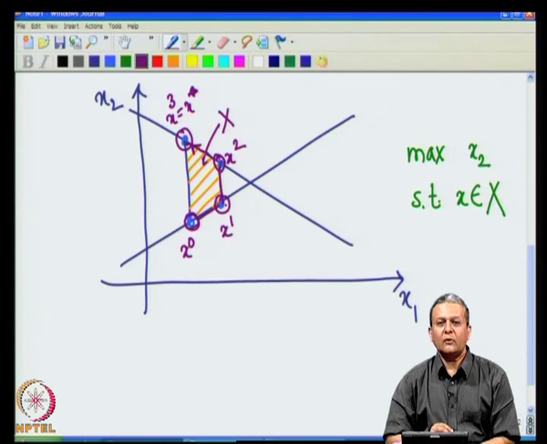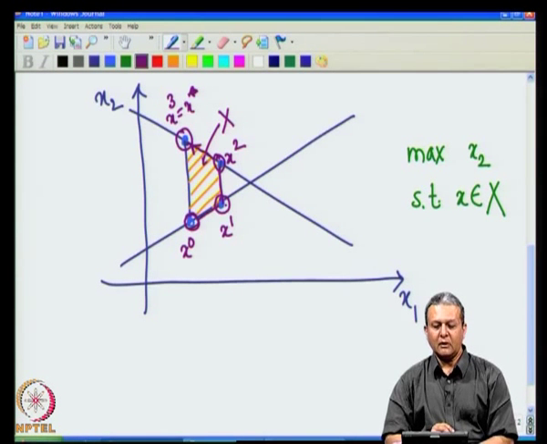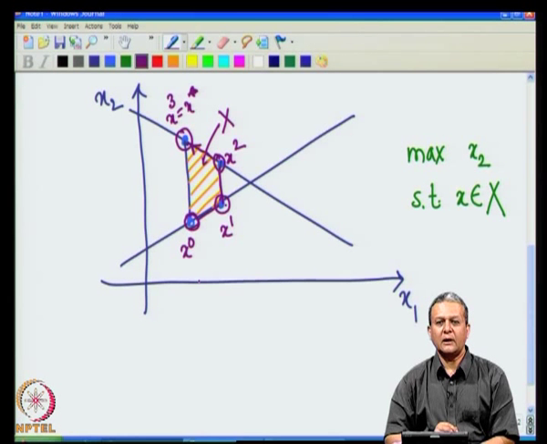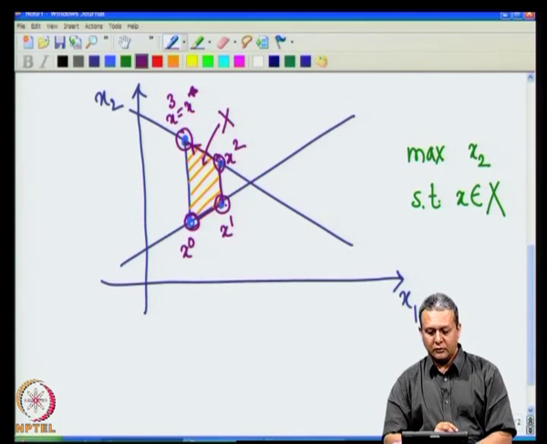If the number of vertices is very large, which is typically the case in many practical problems, it may be exponentially large. So, the simplex method may have to traverse an exponentially large number of vertices to get the optimal solution, and therefore, the simplex method is not a polynomial time algorithm for linear programs, because one can always construct examples where it would require visiting an exponential number of vertices before reaching the solution.